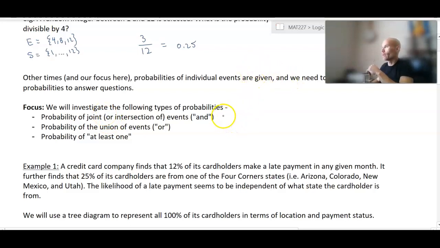Just as a reiteration, if we wanted a formula for it, the probability of A intersect B, which just means the probability of both A and B occurring, is equal to the probability of A times the probability of B, provided that they're independent events. That just means that we're assuming that the likelihood of B occurring is not affected by the first event that occurred.